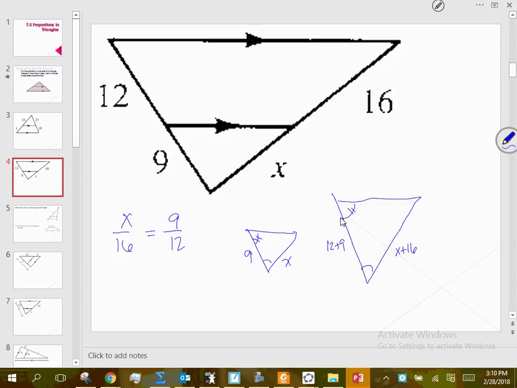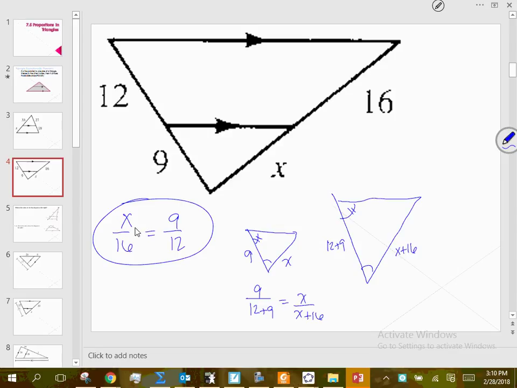All right, so they are set up in the right orientation to where I can say 9 compares to 12 plus 9, and x compares to x plus 16. Okay? We can subtract or add versions of 1 to that.